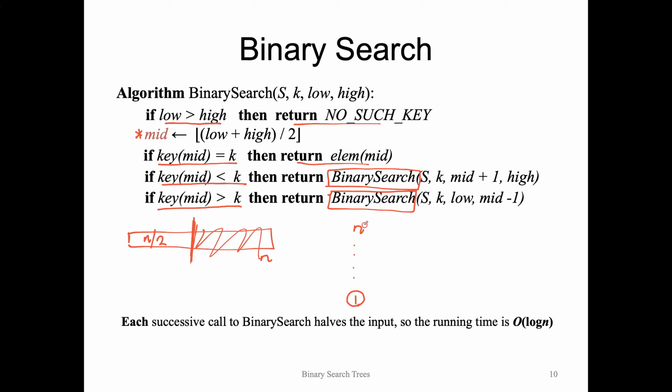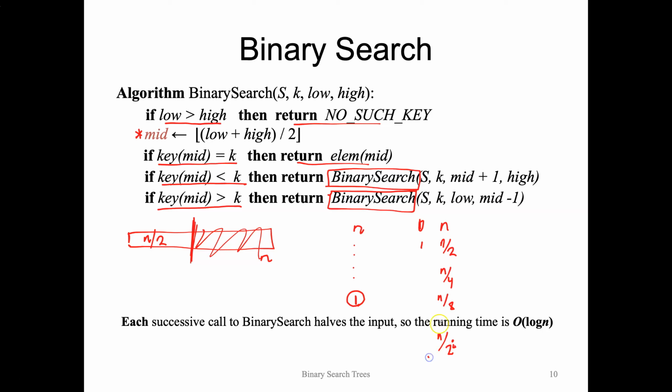So we start at n, and we repeatedly divide by 2, because we're repeatedly halving our input size until we're left with 1. How many times does this have to occur? We start with n, and then in the next iteration we have n over 2. Let's say this is our 0th iteration and then the first iteration. And then n over 4, n over 8, n over 2 to the power of whatever our iteration is.